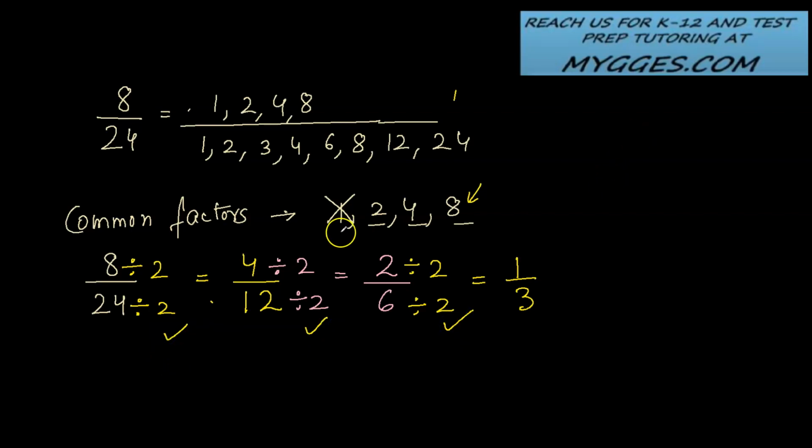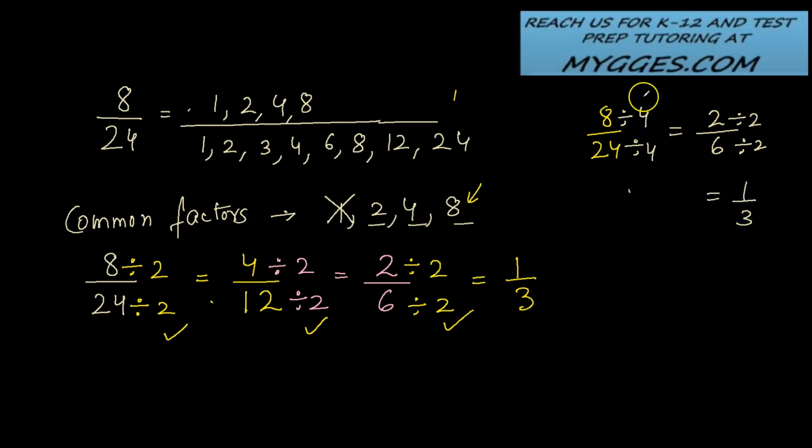In the same way, if we take 4, let me show you. 8 over 24 divided by 4, we get 2 out of 6. And we know 2 out of 6 can again be divided by 2. So we divide by 2 and we get 1/3. That means you have to do it in 2 steps: first divide by 4 and then by 2.